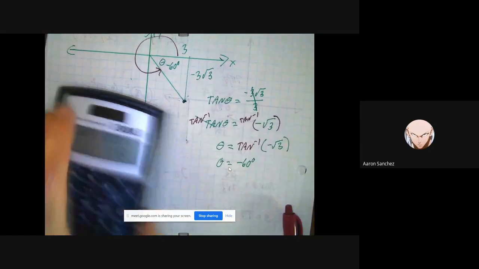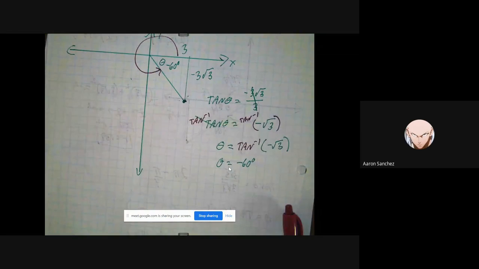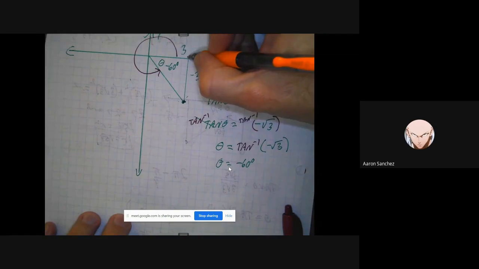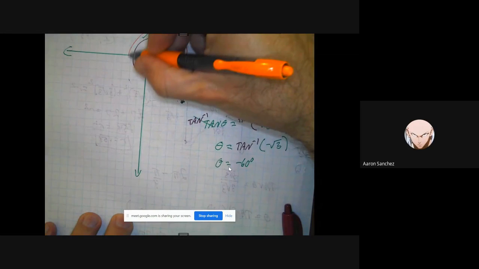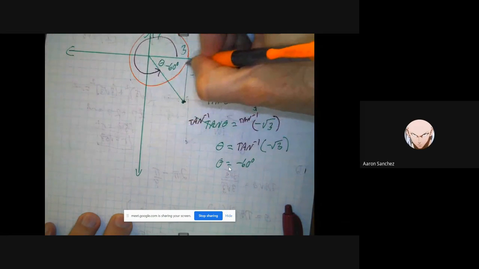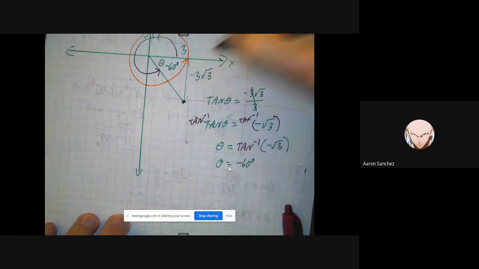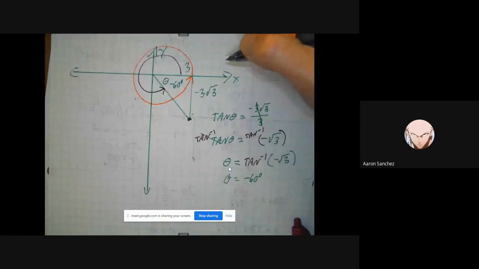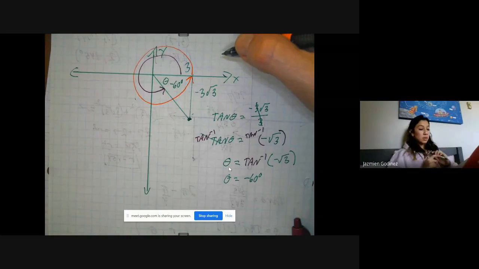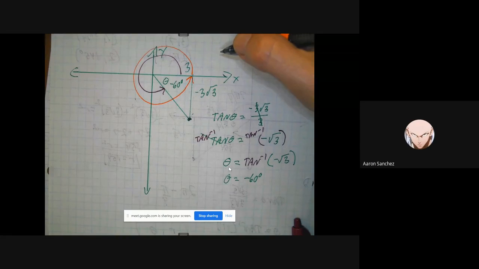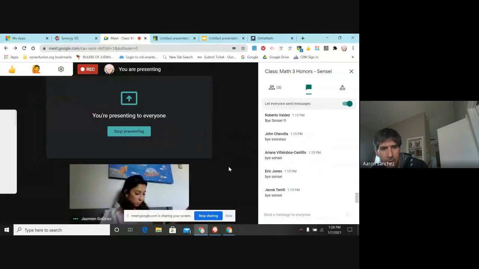So the way I could do that is, let's see, I'm trying to find a different color. Watch this. See, I have my orange. I can go all the way around to here. How many degrees is that? 300, I think. All the way around?